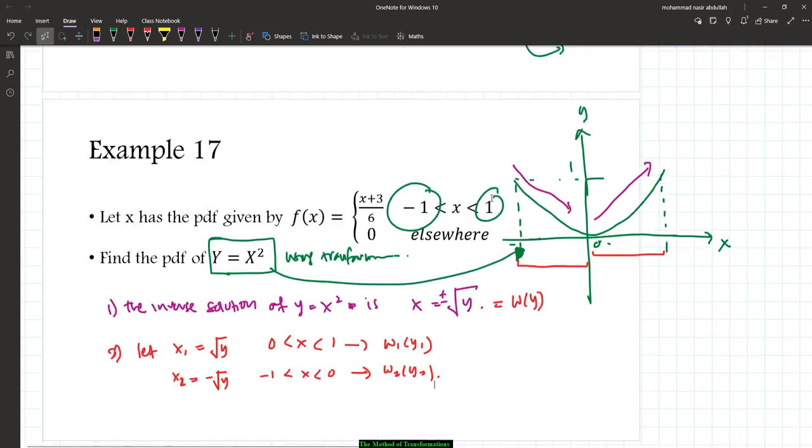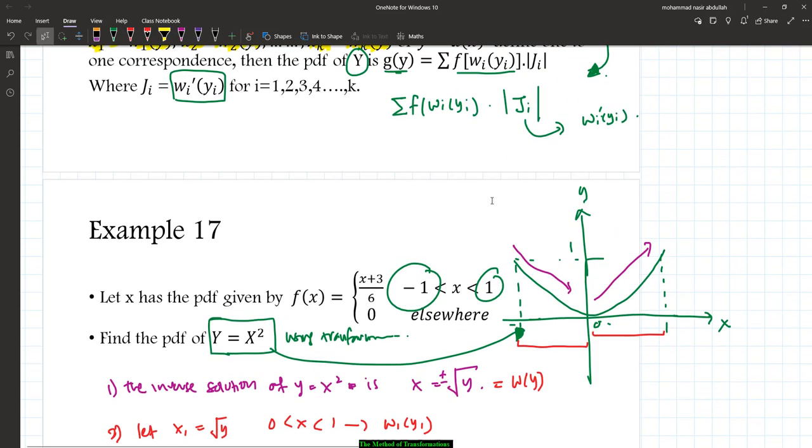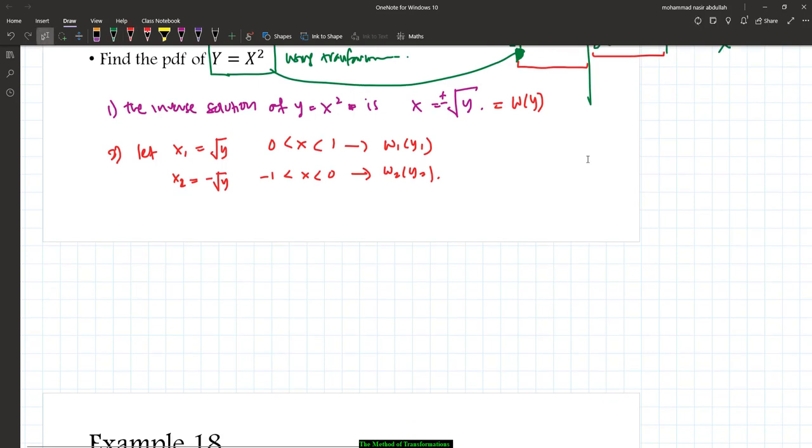So look at the formula dekat sini kan, ni formula dia kan. So ji is equal to wiyi, right? So guna color lain. So let's find J1. J1 is equal to W1 Y1.